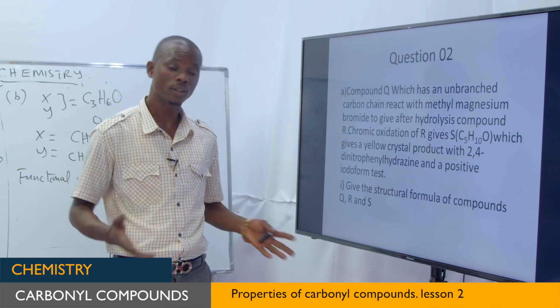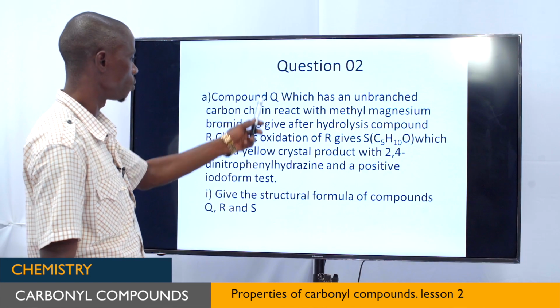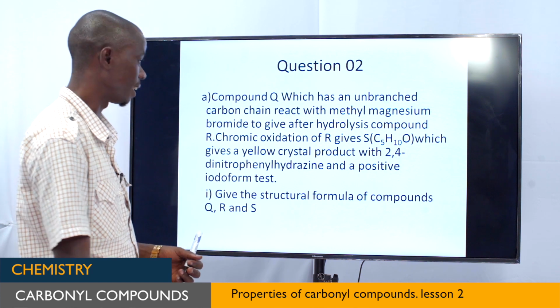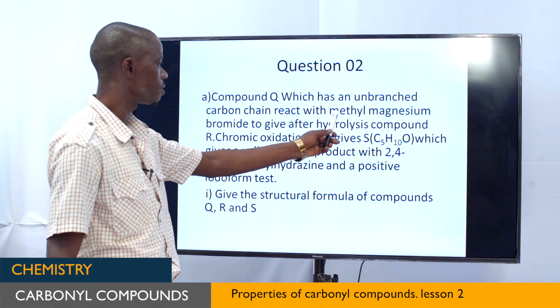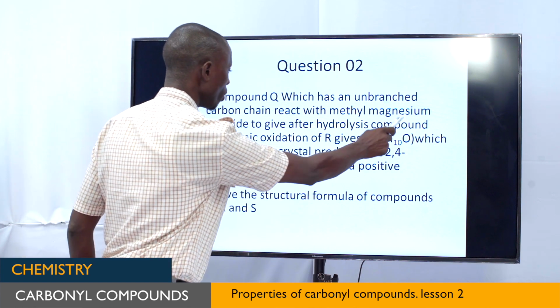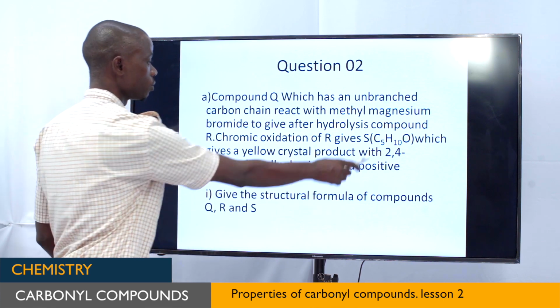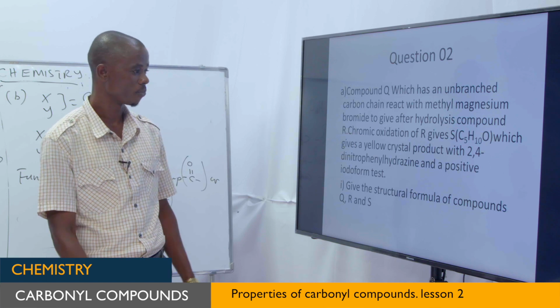We get alcohol. That is very simple. So this compound here, Q, is an aldehyde. If it reacts with the Grignard reagent, which contains methyl magnesium bromide, and water, that means hydrolysis is water, we are going to get this alcohol. So R will be alcohol.